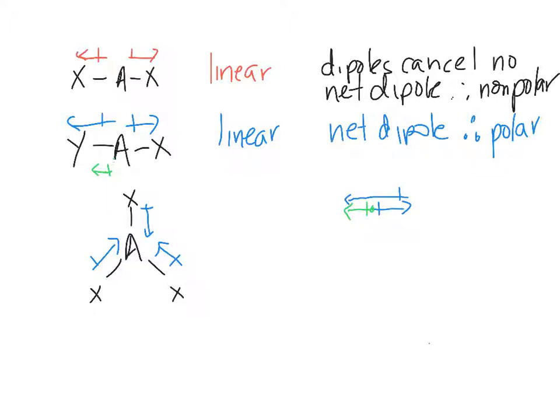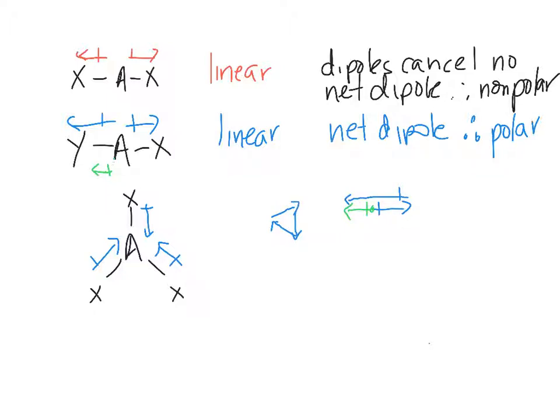Now this one is nice because it's actually symmetrical. When you have a symmetrical structure, like trigonal planar or linear, if you cut it down the middle and it's the same on both sides, all your dipoles are going to cancel. So this one, you have a dipole coming this way, and a dipole going this way, and then a dipole going that way.